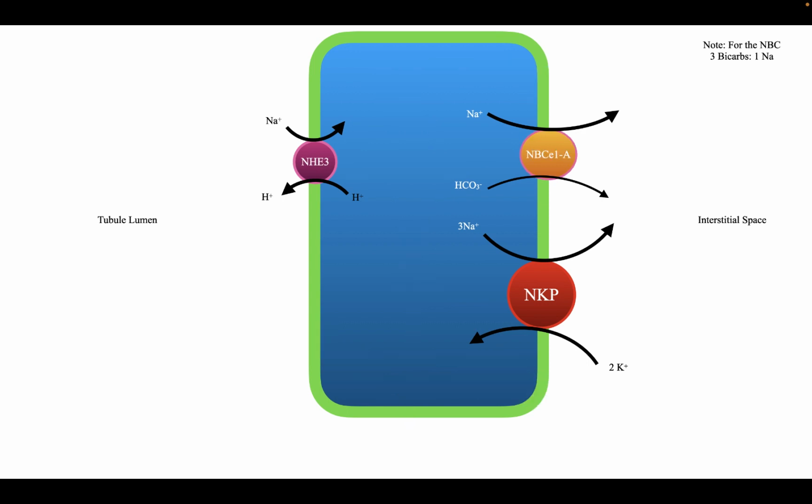So in addition to the stimulatory effects of angiotensin II on sodium reabsorption in the proximal tubule, angiotensin II can also inhibit sodium reabsorption in the proximal tubule. The main way that it's going to do this is again through the AT1 receptor. However, in this case, this AT1 receptor is coupled to a GS protein. So when angiotensin II binds to this AT1 receptor, it activates the GS protein, which then activates adenylate cyclase.